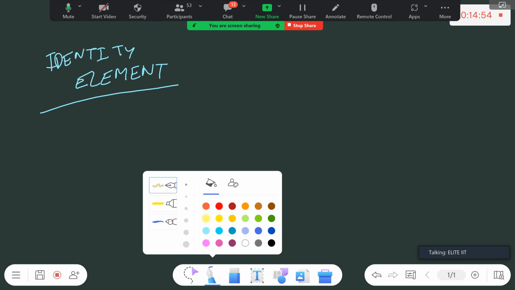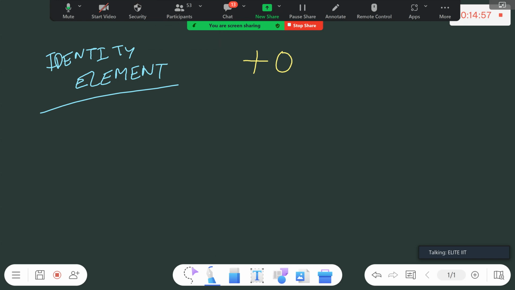For example, if you do addition of any number with 0, let us say 13, it is 13. So if you add any number with 0, the number will not change. It's the same number, isn't it? That is why 0 is called the identity element of addition.